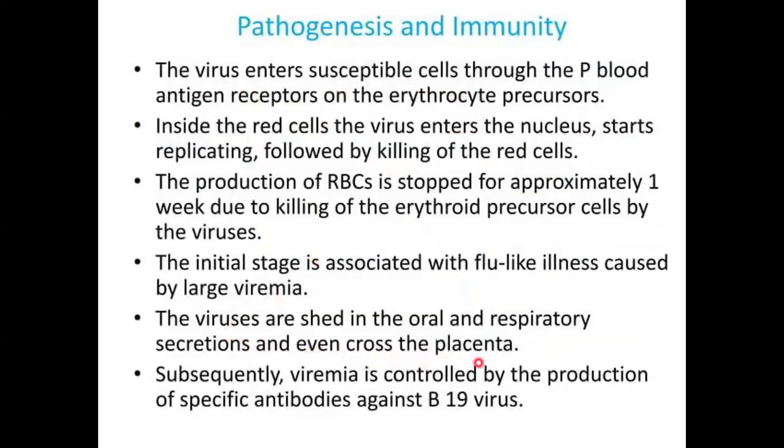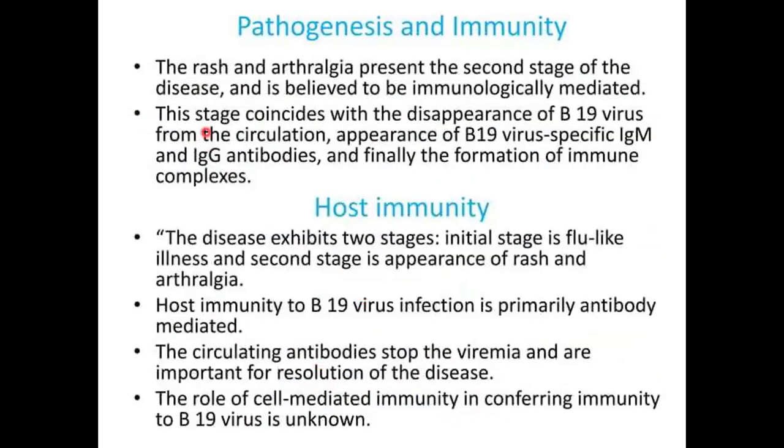Subsequently, viremia is controlled by the production of specific antibodies against parvovirus B19. Once viremia occurs, the body needs to get rid of this virus, so it produces antibodies, usually IgM and IgG. The rash and arthralgia represent the second stage of the disease and are believed to be immunologically mediated.